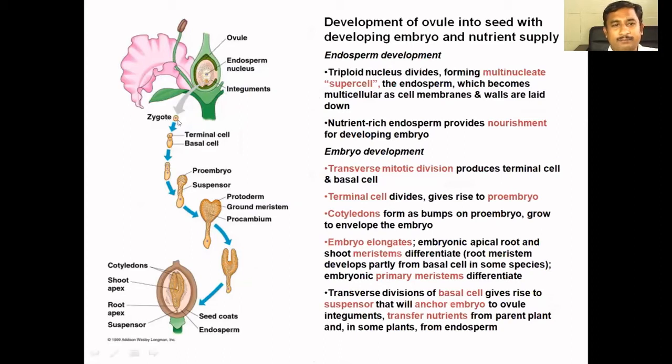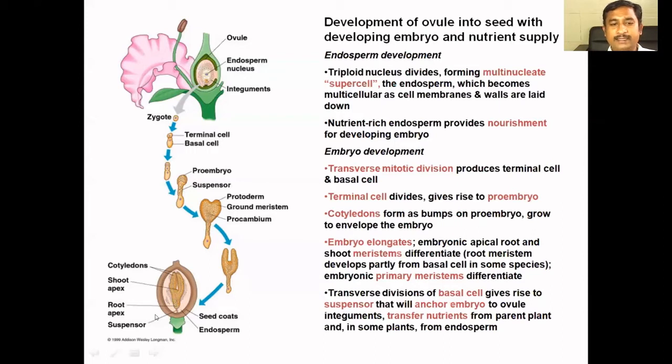When the zygote starts multiplying, the endosperm outside here supports the zygote. There are two cotyledons here, a shoot apex inside, and a root apex.